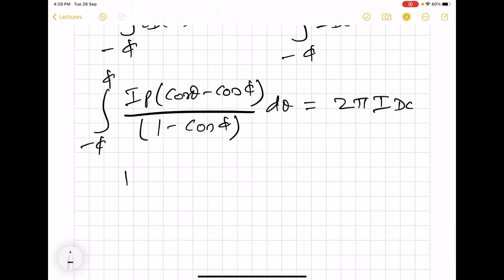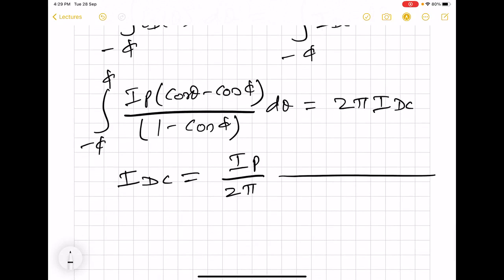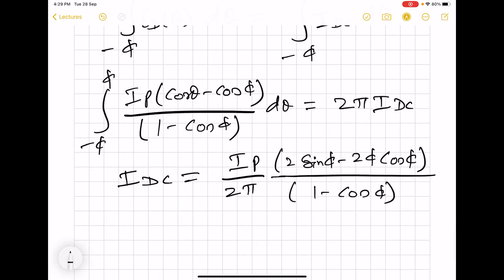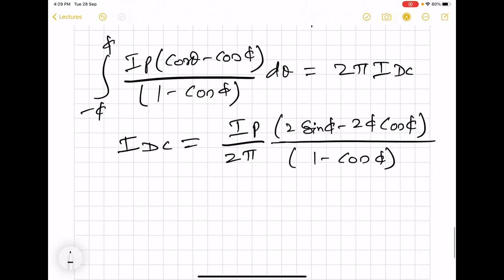If one carries out this analysis, we will arrive at the expression for the DC part as IP by 2 pi, times (2 sine phi minus 2 phi cos phi) divided by 1 minus cos phi. So this is the DC component that will be required for finding out the DC power consumed by the MOS.